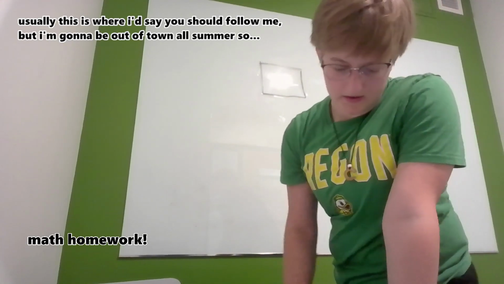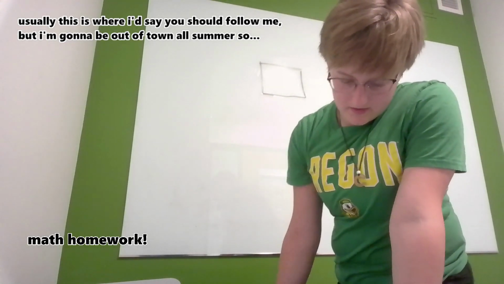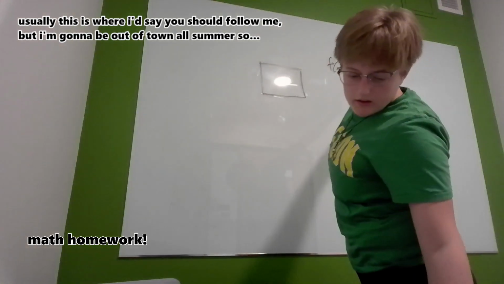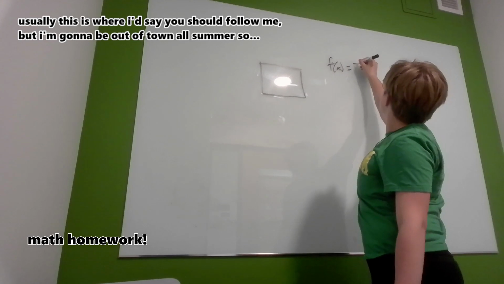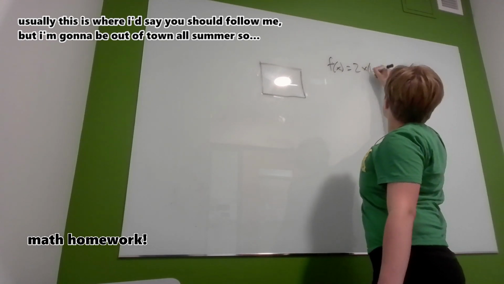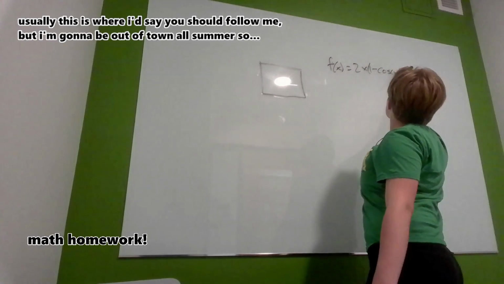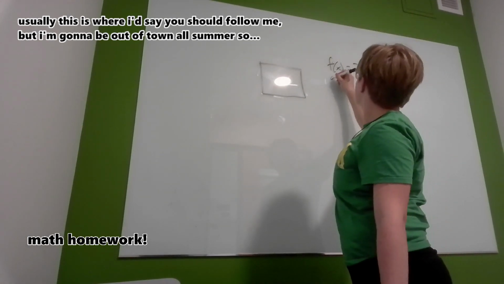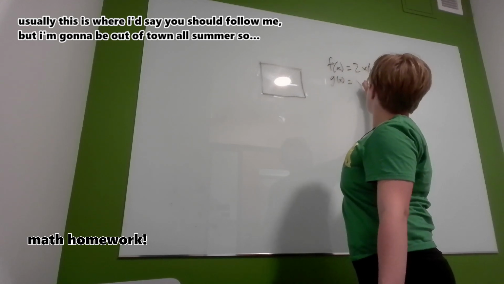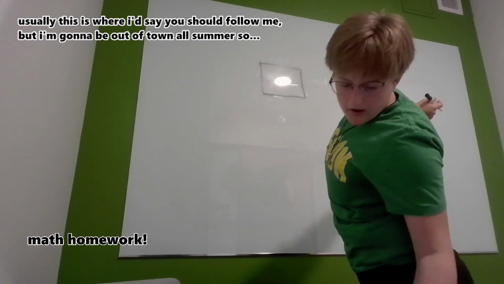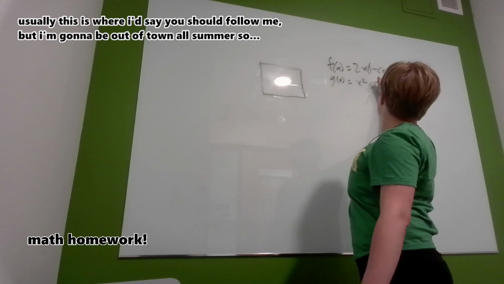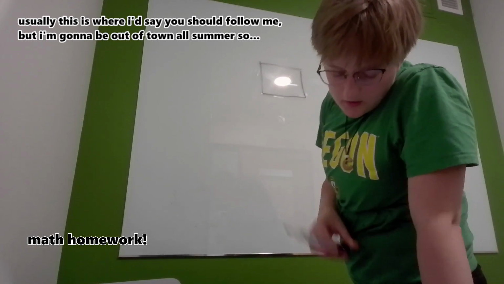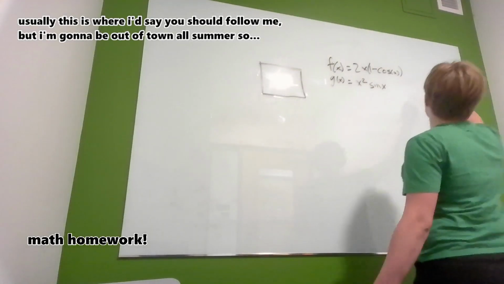So we can start it. f of x equals 2x times 1 minus cosine x. g of x equals x squared sine x. What is the order of contact of each of those at a equals 0?